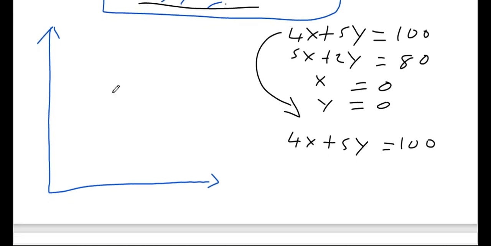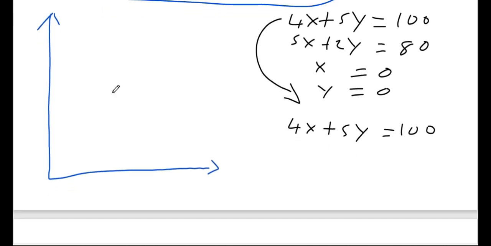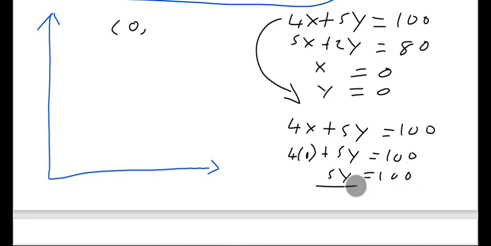So we'll have 4 times 0 plus 5y equals 100. Of course that is a 0 now, so 5y equals 100. Divide by 5, you'll get y equals 20. So when x is 0, y is 20. That's our first point on that line.